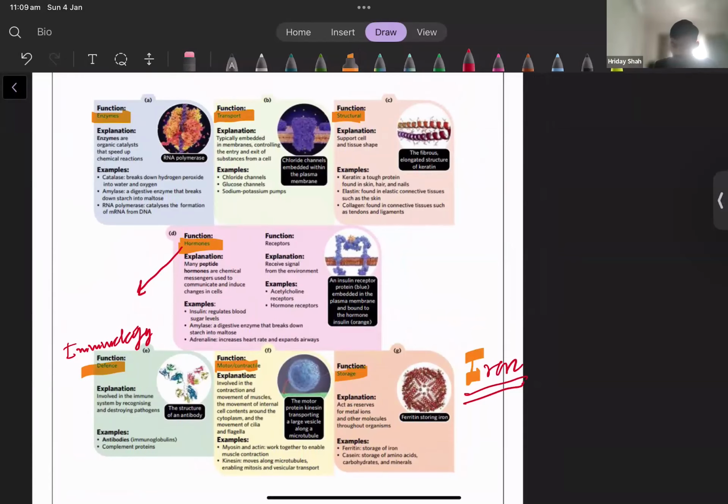The name of the protein that stores it is ferritin. And I'm not sure if you've read any news or done any research on health, but a lack of ferritin or iron deficiency is a very common problem in a lot of people, particularly females.